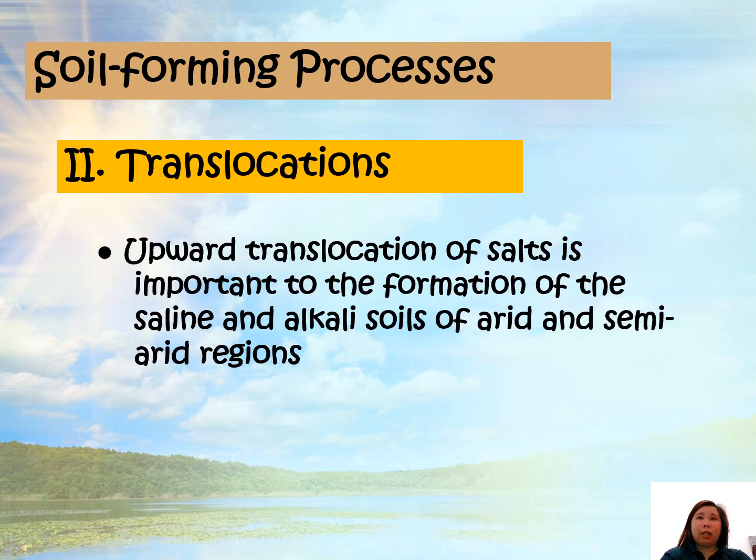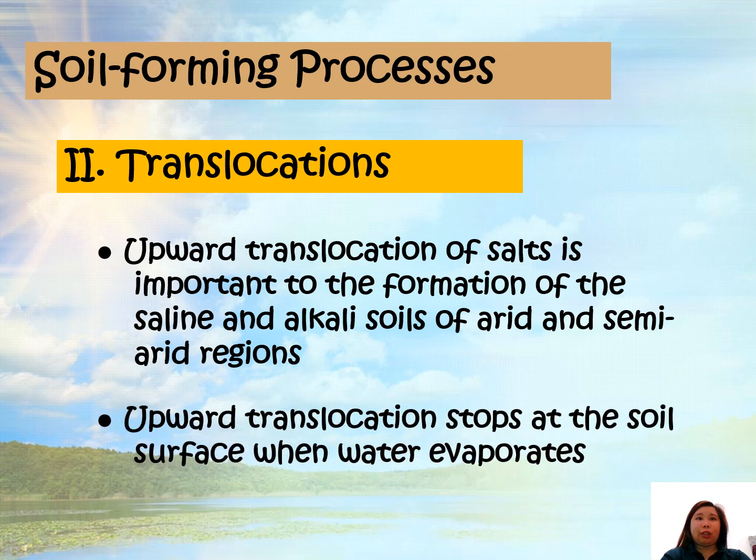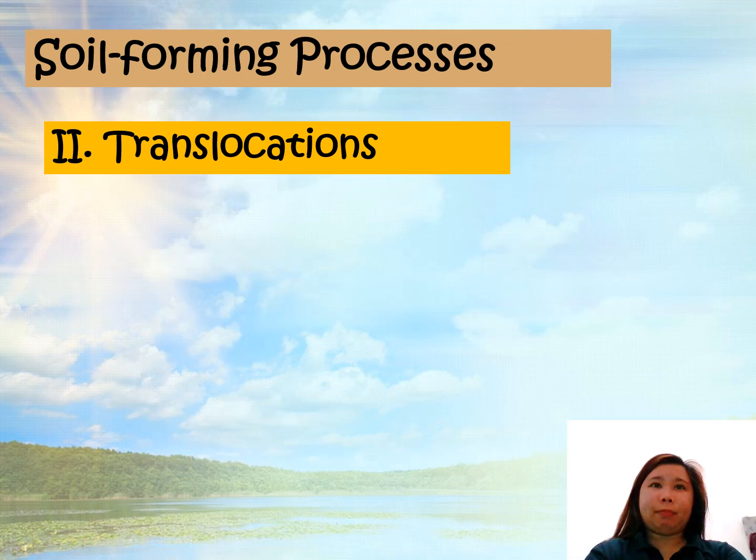Now, upward translocation of salts is important to the formation of the saline and alkali soils of arid and semi-arid regions. The upward translocation stops at the soil surface where water evaporates.